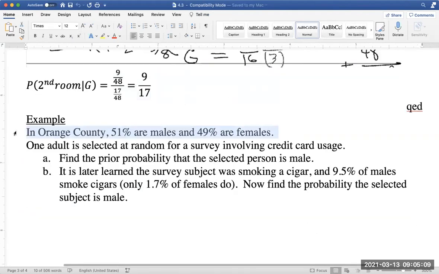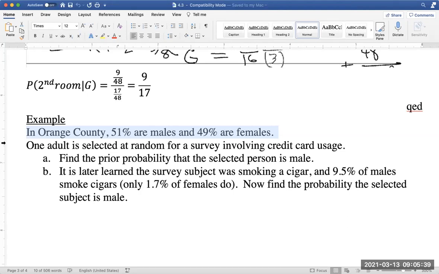In Orange County, 51% are males and 49% are females. One adult is selected at random for a survey involving credit card usage. Find the a priori probability that the selected person is a male.